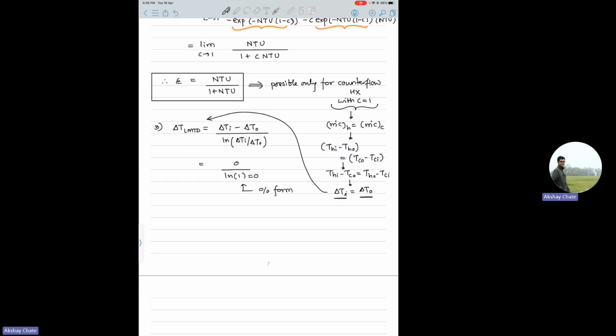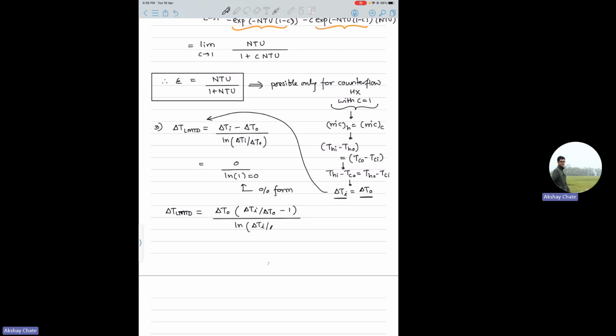But before that, you need to do a slight modification. So what you do is take delta To as common from the numerator. What you end up with is delta Ti by delta To minus 1 in the numerator, and the denominator remains as it is.